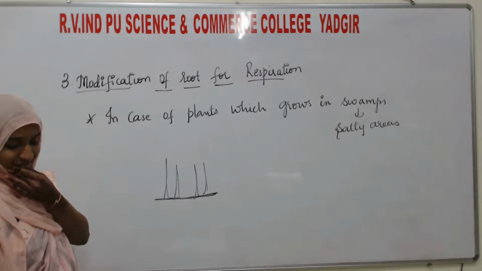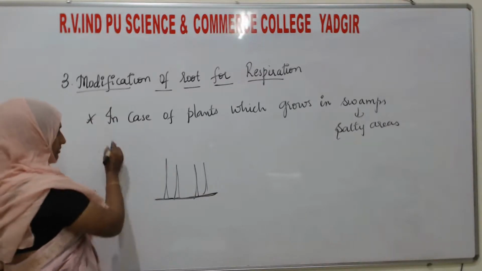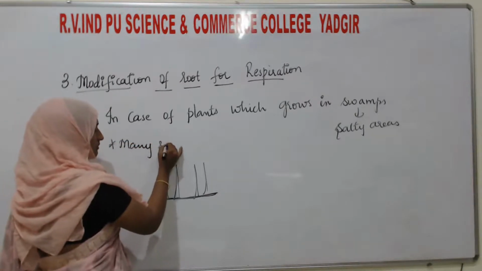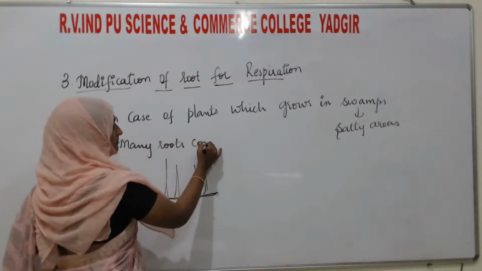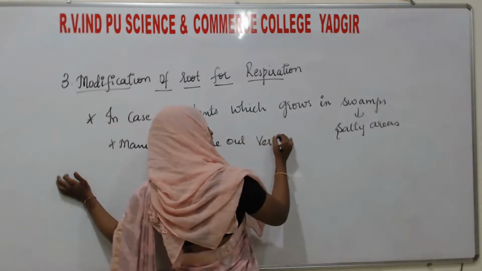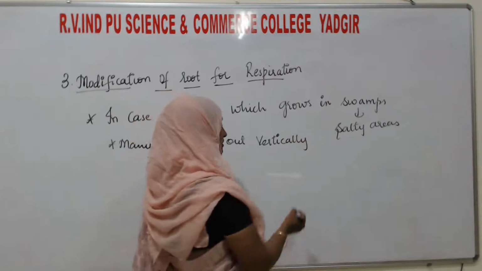Okay, many roots will come out vertically above the ground.